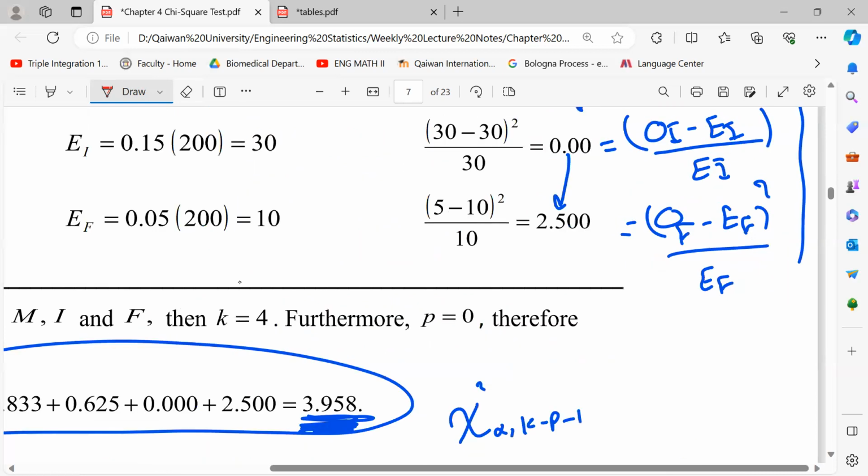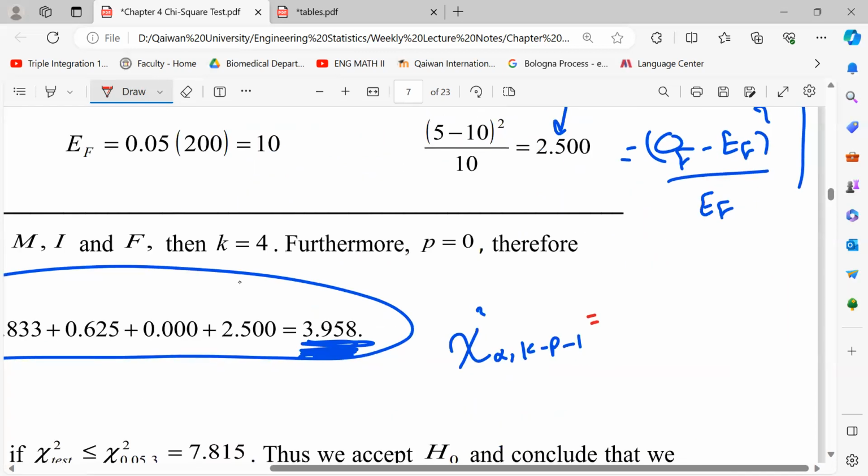Then chi-squared of alpha is 0.05, K is 4, P is 0, minus 1. It is 3. Now let's look for this value in the table, 0.05 and 3.